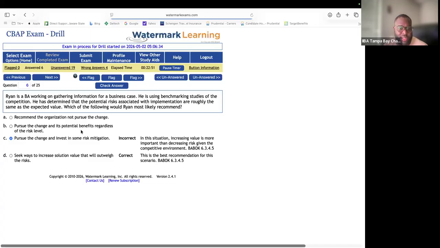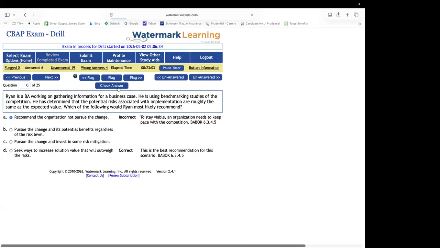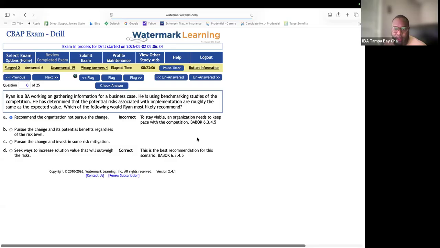I really wanted to test A, because sometimes this can happen in real life, depending on the industry. Let's see what A is saying. To stay viable, an organization needs to keep pace with the competition. So I can understand now why this might not be an option, but in real life I have seen it happen at two companies that I worked for, where, when comparing the risk with the actual value the change would bring, the company decided not to do the change at the time, or to look for alternative ways to bring some value.